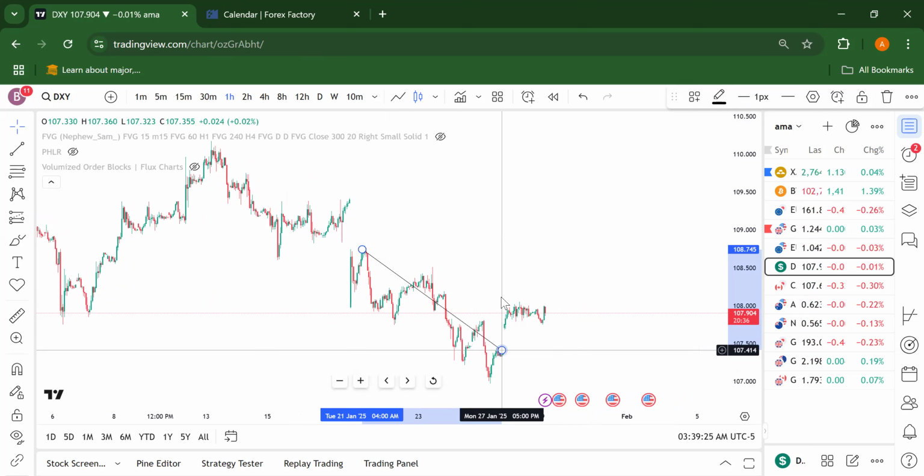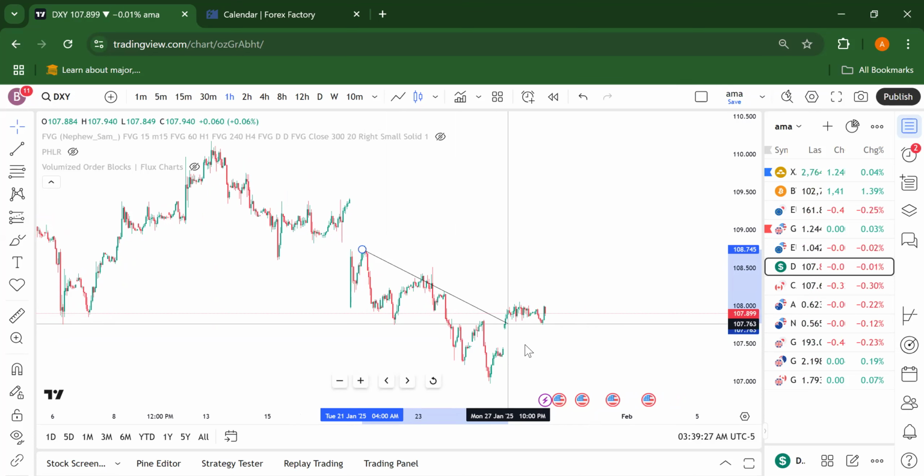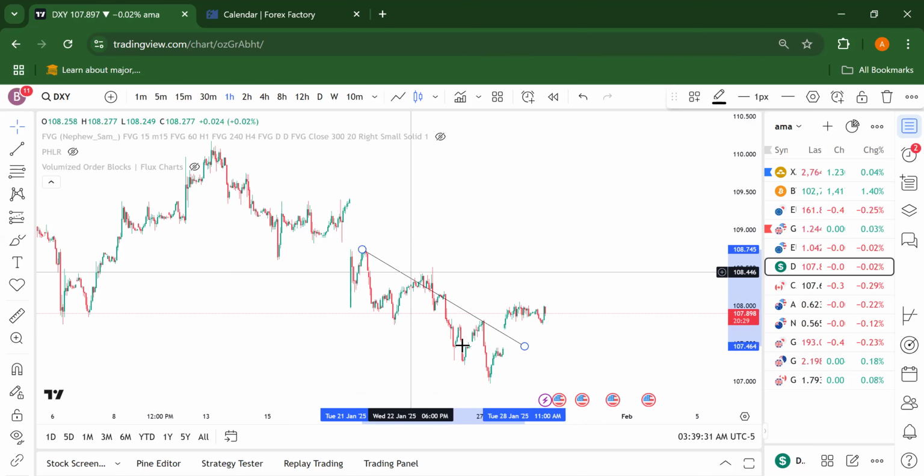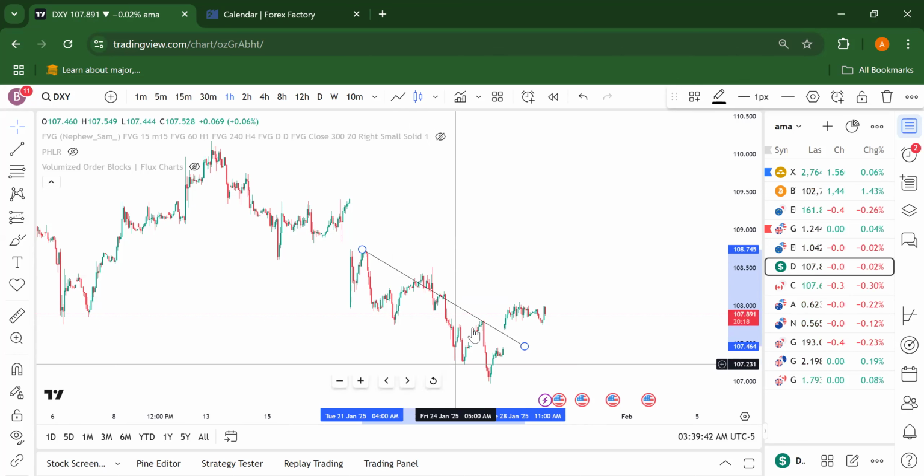Remember that we said a downtrend is a series of lower lows and lower highs. This is a high, lower high, lower low, lower high, lower low, lower high, lower low. What happened here? Was this not the last low?